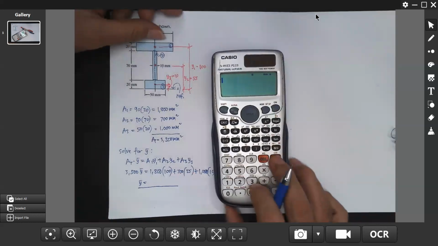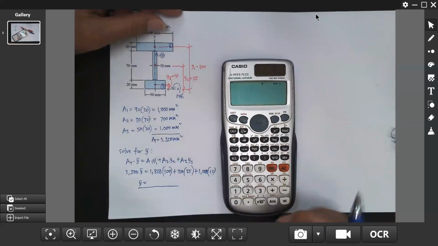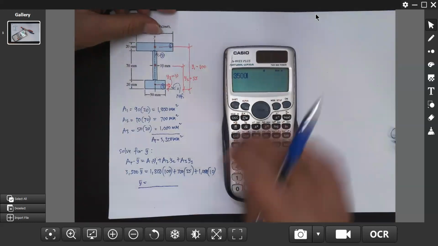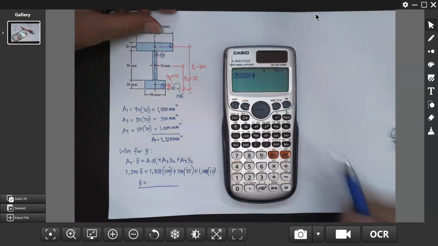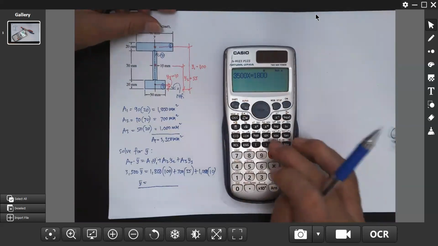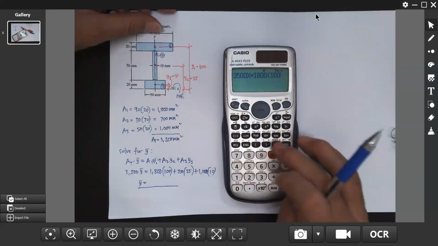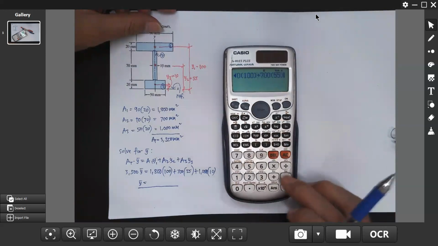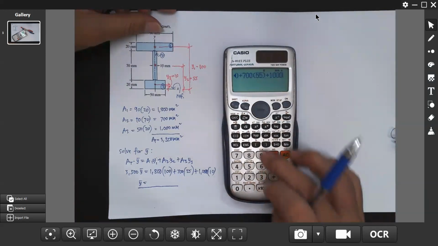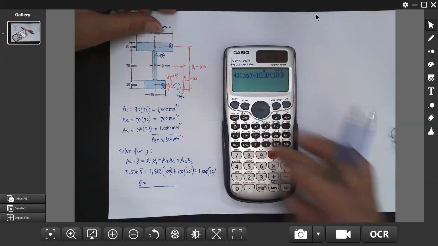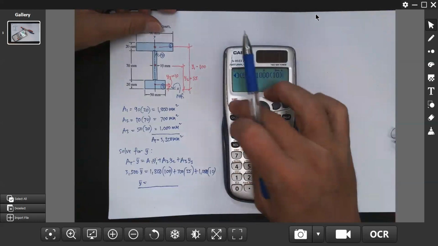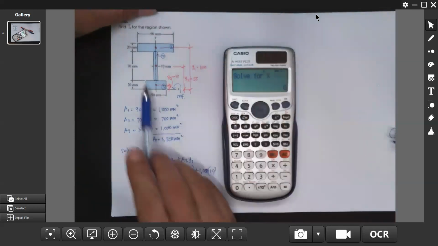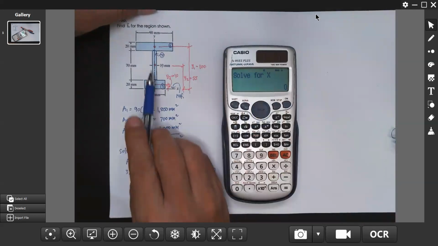Let's compute. You can use a calculator if you want: 3,500 times unknown x equals 1,800 times 100 plus 700 times 55 plus 1,000 times 10. If you solve, you can assume any value of x.